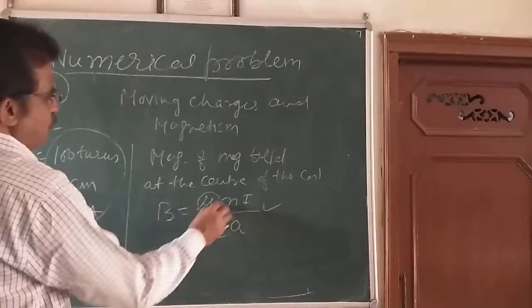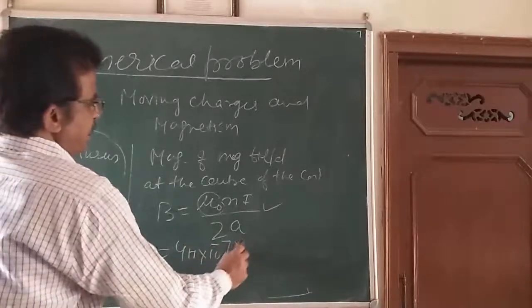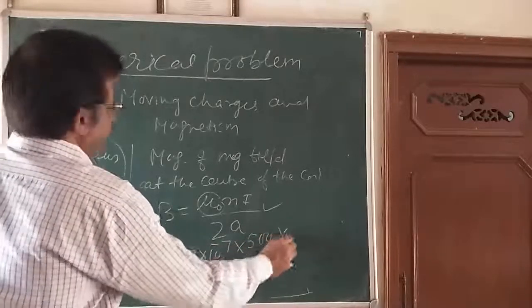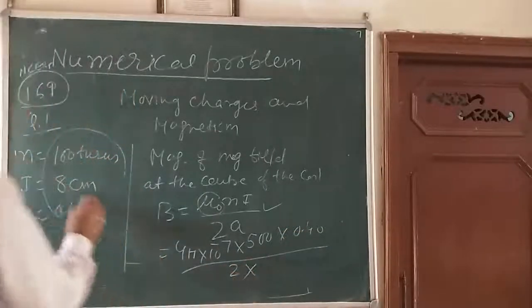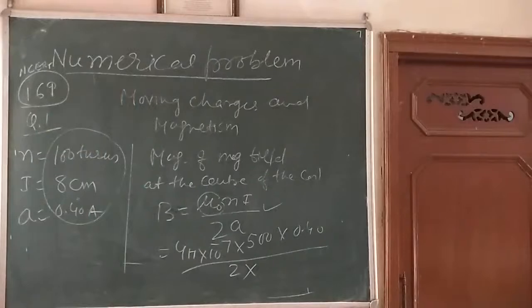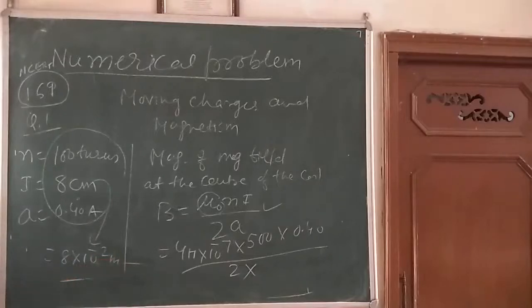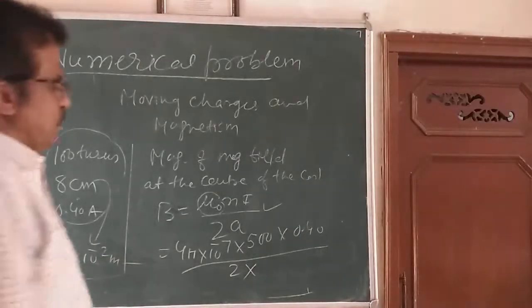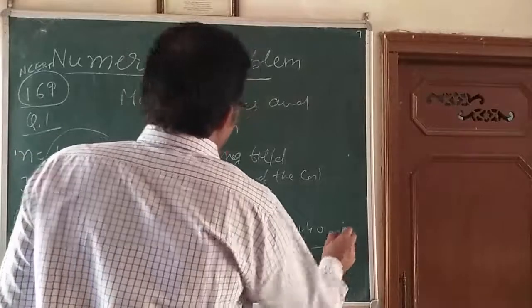The value of mu naught is 4 pi into 10 raised to minus 7, into 100 into 0.40 divided by 2 into a. This is in 8 centimeter, so we convert into meter, divide by 100. So this is 8 into 10 raised to the power minus 2 meter. Then solve it.